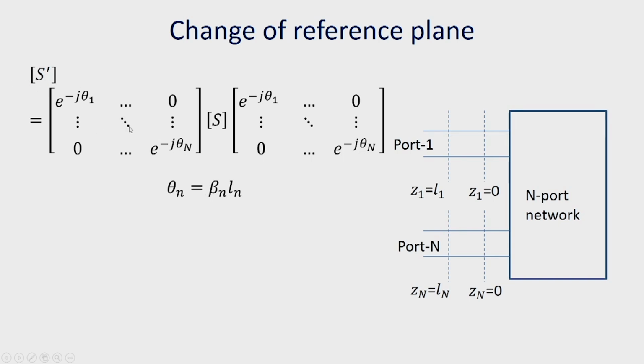Like that, all diagonal elements will give the phase shift that results due to the movement of the reference plane. And it may be noted that the S matrix is pre and post multiplied by such matrices to get the equivalent S parameter matrix S dash. So, we have discussed the various aspects of S parameters.